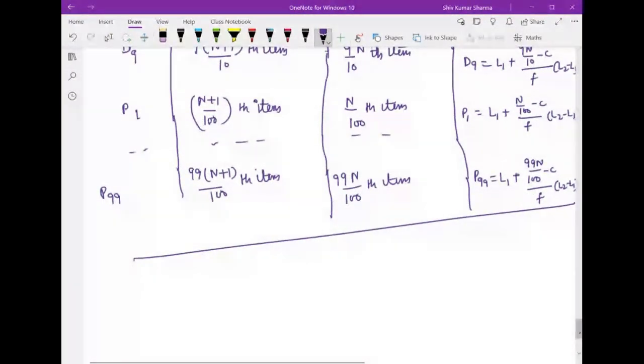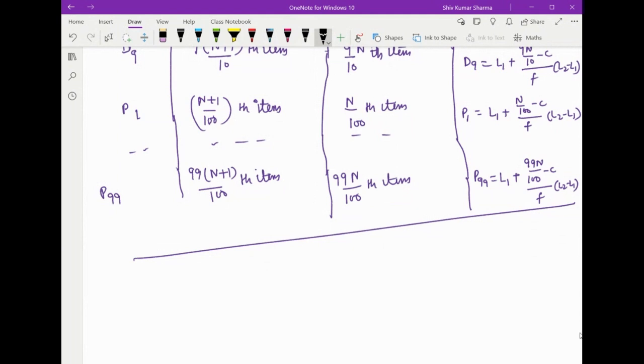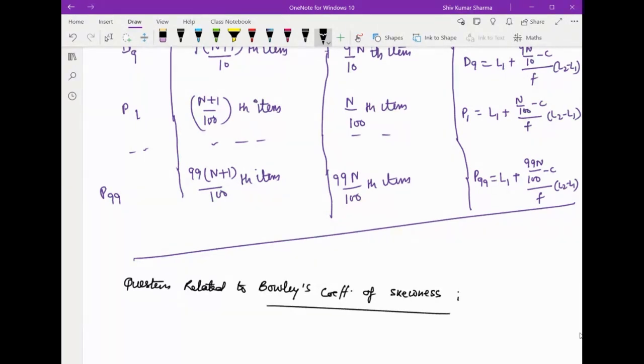Now, a question related to Bowley's coefficient of skewness.